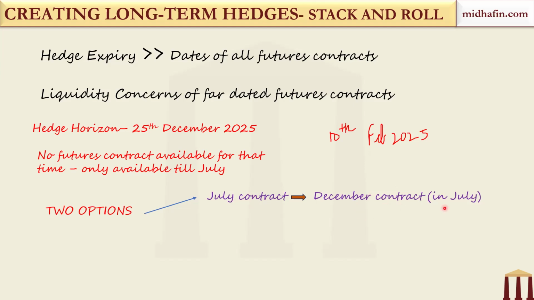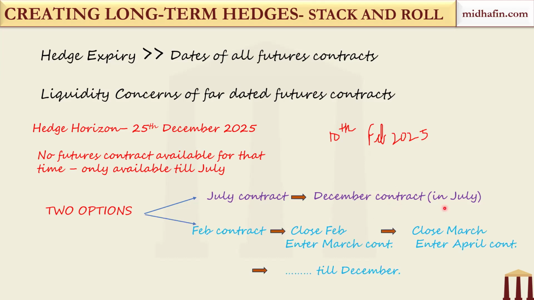Another option is that you go for the February contract, then close it just before the end of February, and you enter into the March contract. Just before the end of March, you close the March one, you enter into the April contract, and you continue this till December. Okay, so which option will you choose?